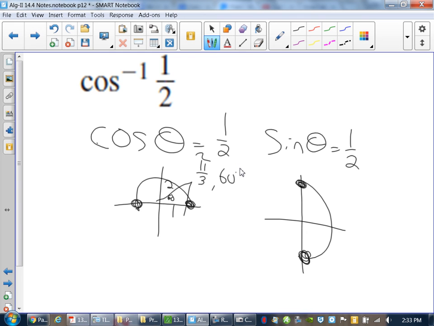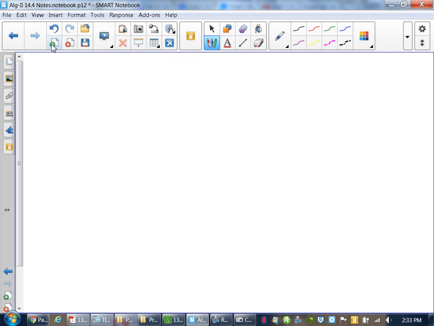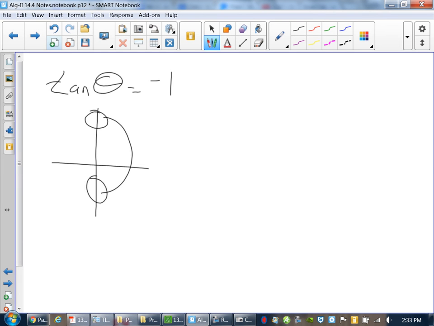So if you go back into the 13.4, really all you have to know is that if it says tangent of theta is negative 1, that means that you are looking for tangent values between here and here, pi over 2 to negative pi over 2, which means you're going to find tangent in the fourth quadrant, but it's not technically fourth quadrant because this is pi over 2. That's negative pi over 2.